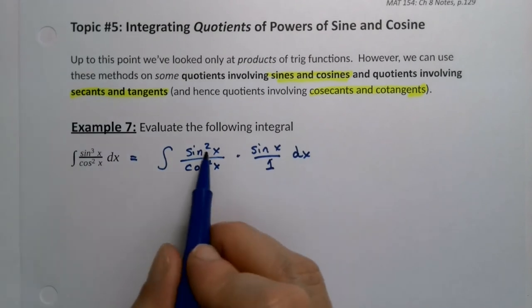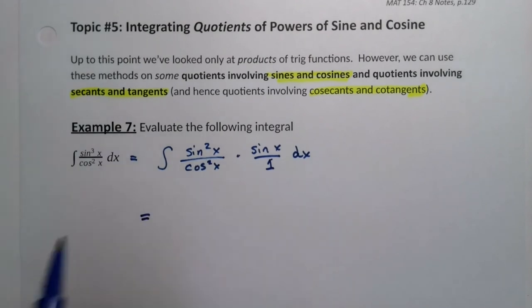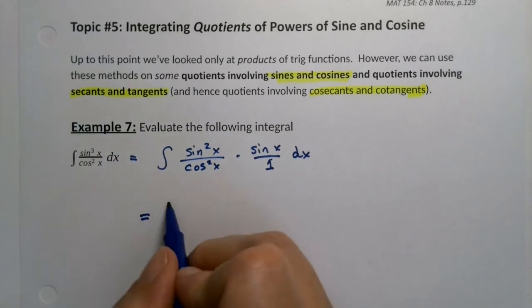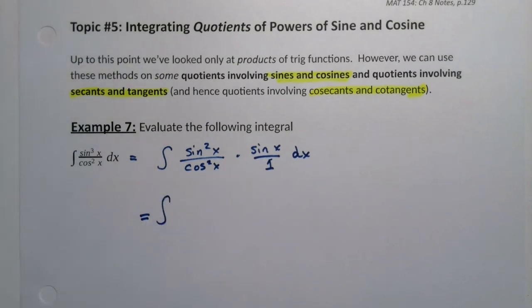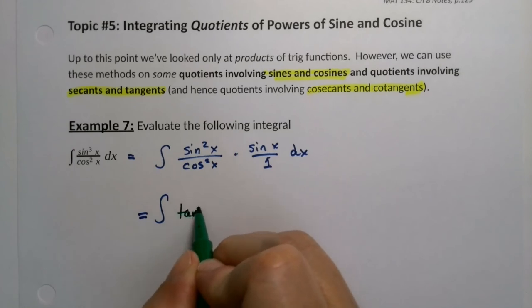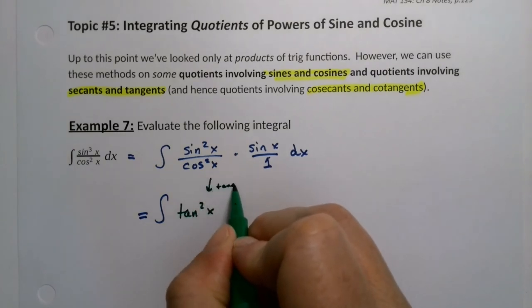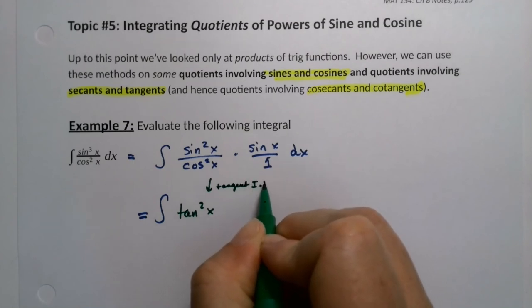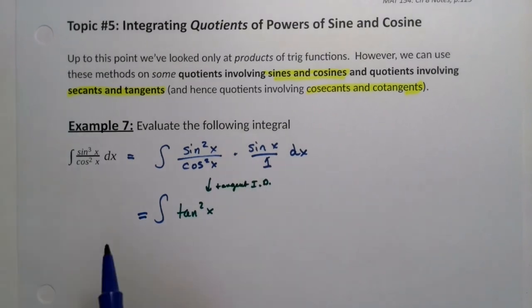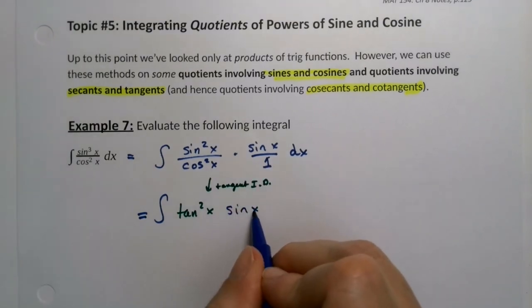Okay, so why did I do that? Well, because the integral of sine squared over cosine squared, of course, is tangent squared from the tangent identity. So I really have tangent squared x times sine of x dx.